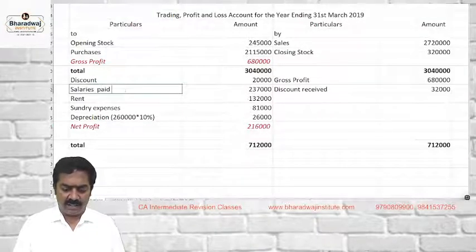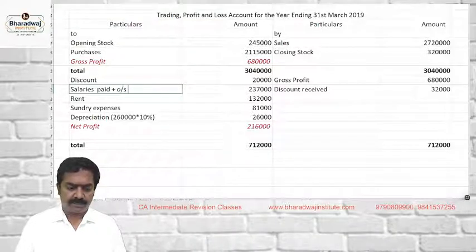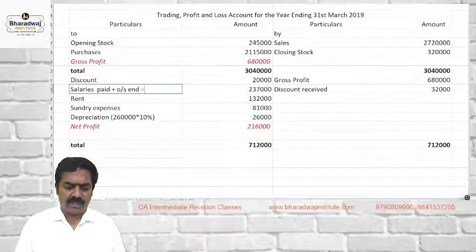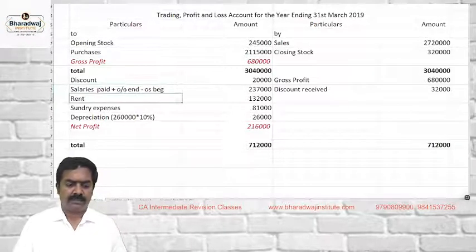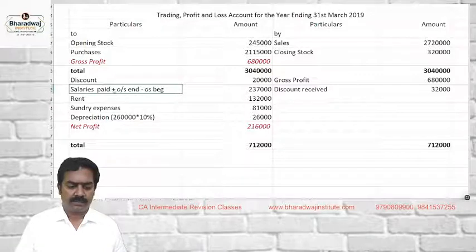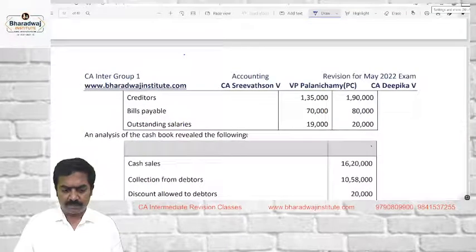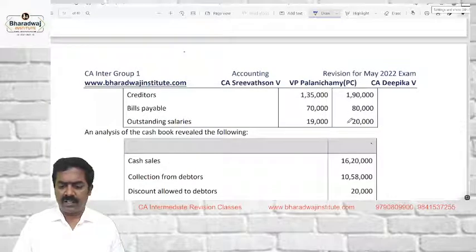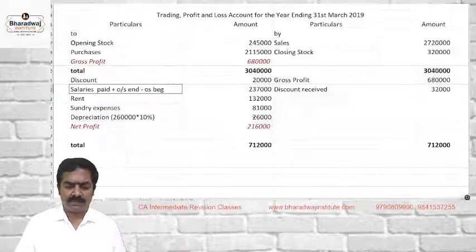Salary is paid, add outstanding at the end, minus outstanding at the beginning. Yes, outstanding at the end, 20,000 you have to add, minus 19,000.